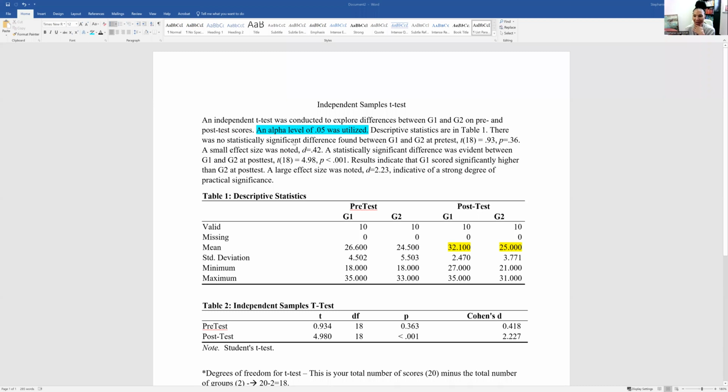Okay. So what I have pulled up here is just a walkthrough or the write-up for an independent samples t-test. This is very straightforward. This is the format that should be used at any and all times in writing up the results of a t-test. If you have a copy of the APA publication manual, if you flip to the back, it actually provides examples of how to write up the results from any and all analyses that you might do.